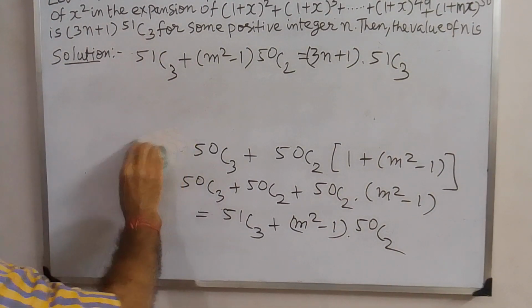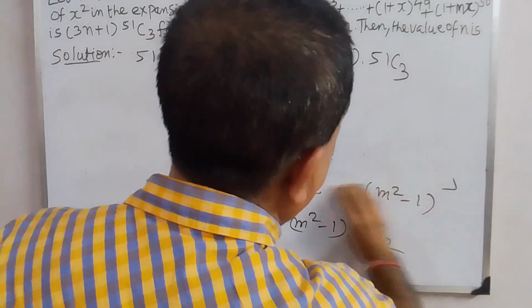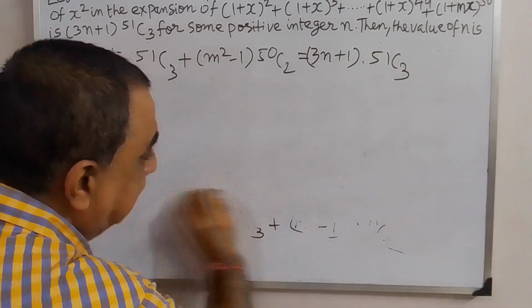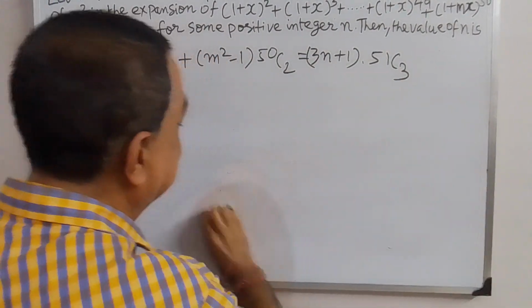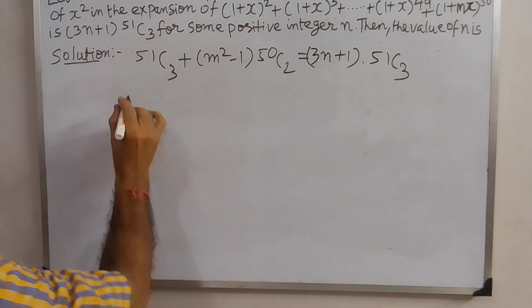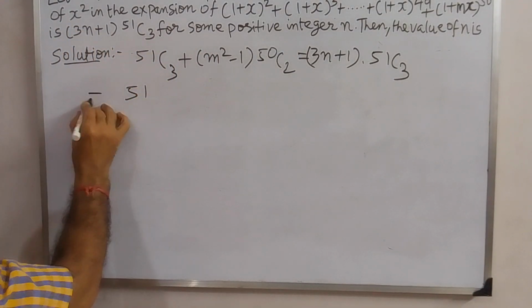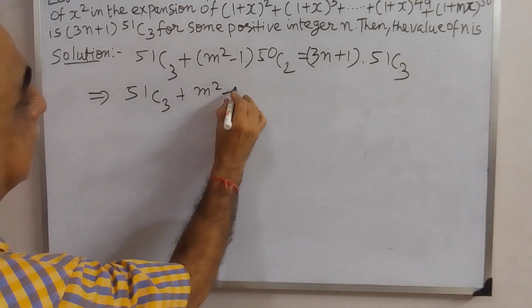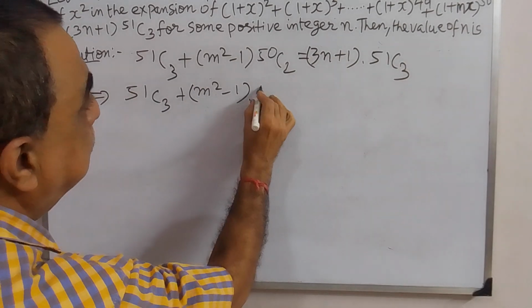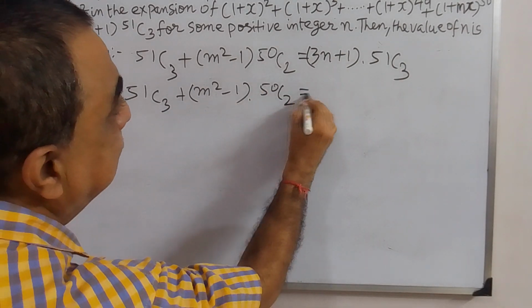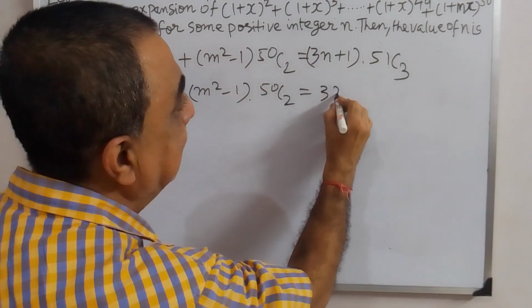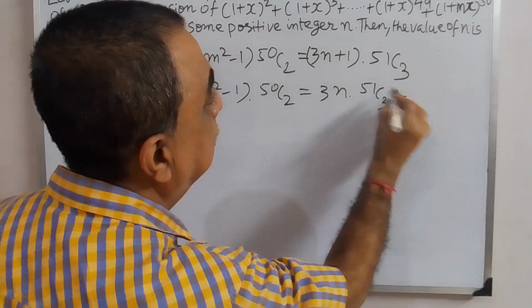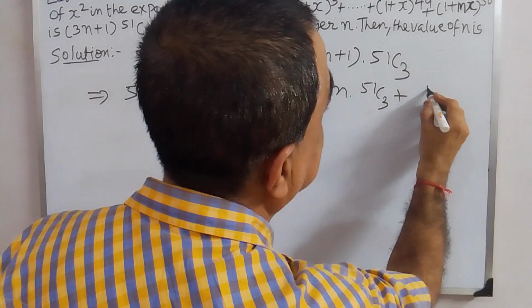Clear? Now expand the right hand side. So what we get is 51C3 plus (n squared minus 1) into 50C2 is equal to 3n into 51C3 plus 1 into 51C3.